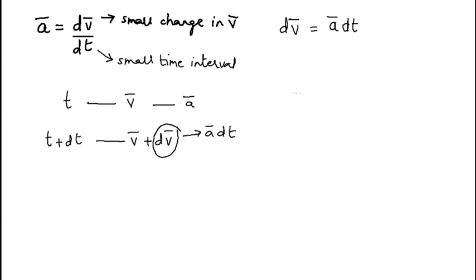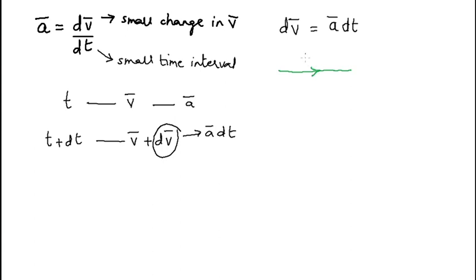So I will now draw a diagram showing the initial velocity v bar and the final velocity v bar plus dv bar.